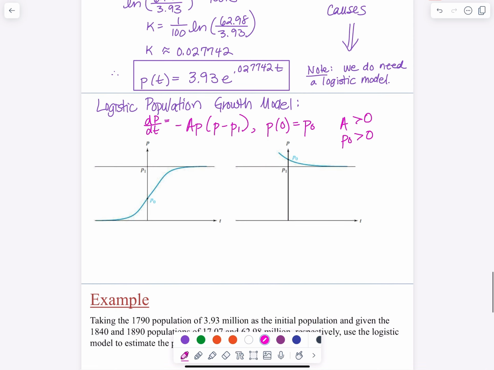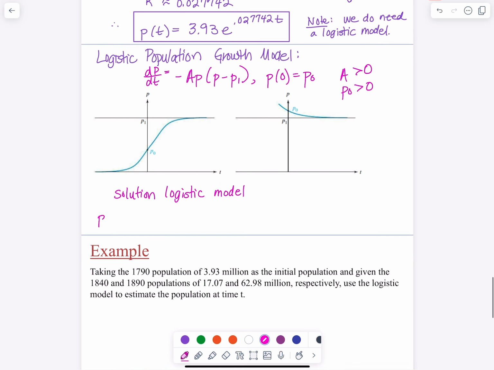And now the solution to the logistic model looks like this. P of t is equal to P1, and we'll talk about these, 1 minus C3 e to the opposite of A P1 t.